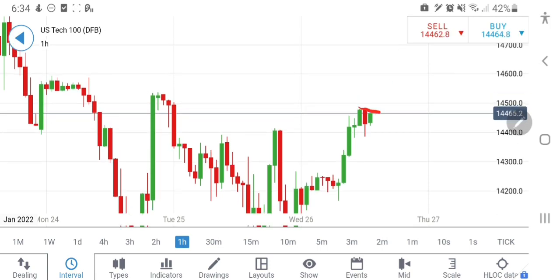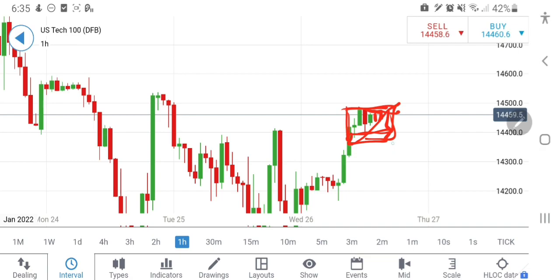On the hourly charts, probably lower lows, lower highs it might form, and at the same time higher lows is something which is trying to form. Probably a breakout it has to give, consolidating in this zone. And now between 14,400 to 500 we should restrict our trading in between these levels. Rather, I will say 14,350 to 500 we should avoid our trading.